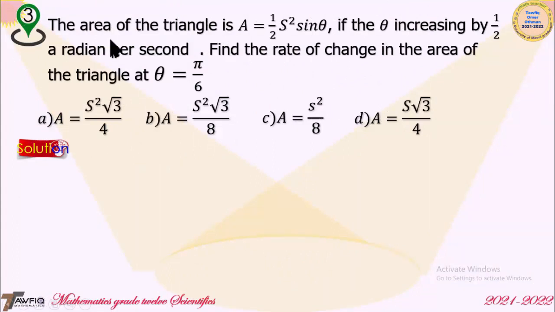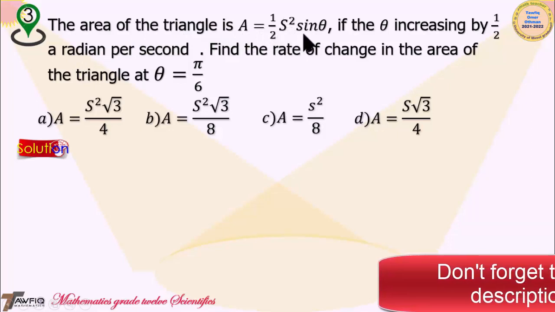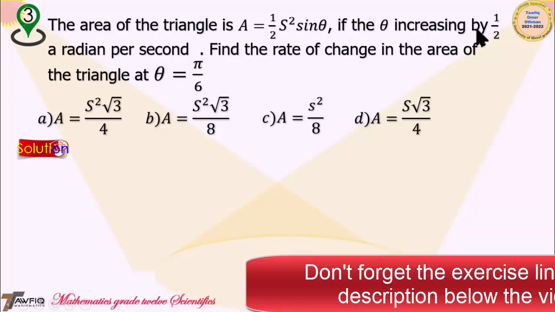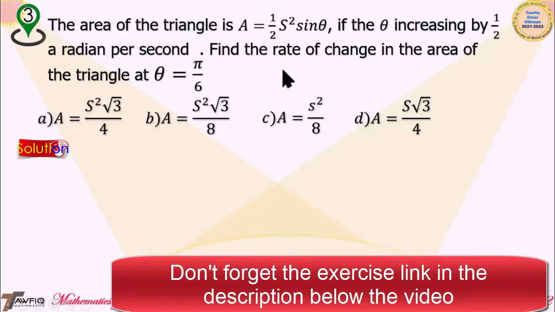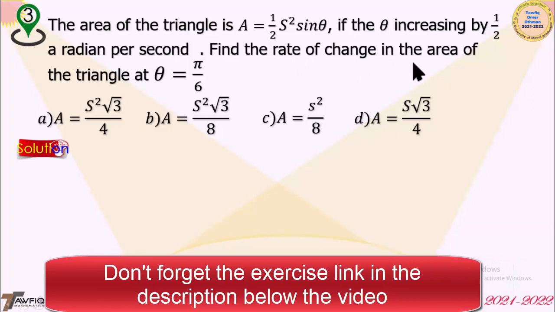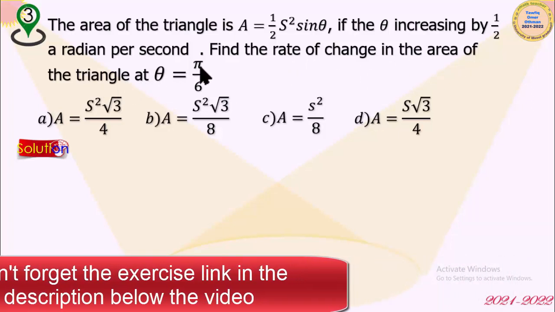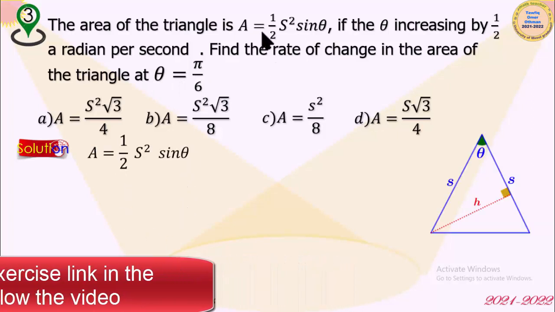The area of the triangle is A, which is equal to 1 over 2 s squared sine theta. If theta is increasing by 1 over 2 radian per second, find the rate of change in the area of the triangle at theta equal to pi over 6. We have an area equation.